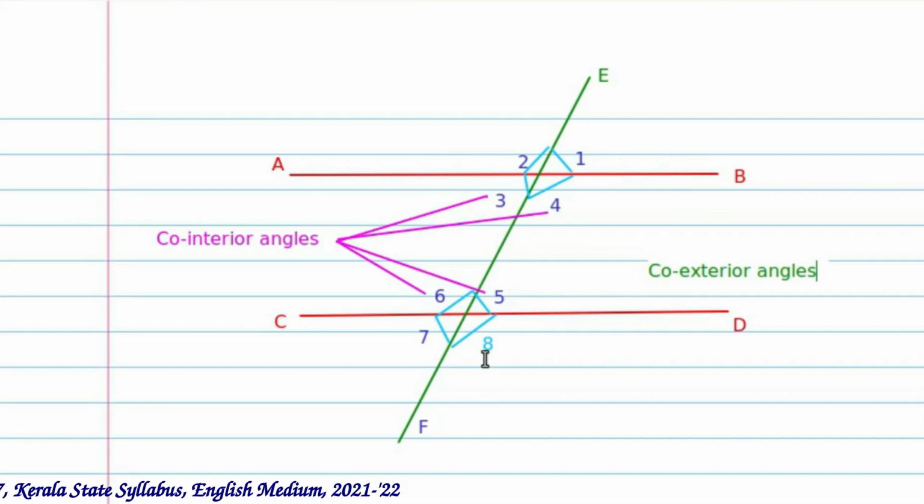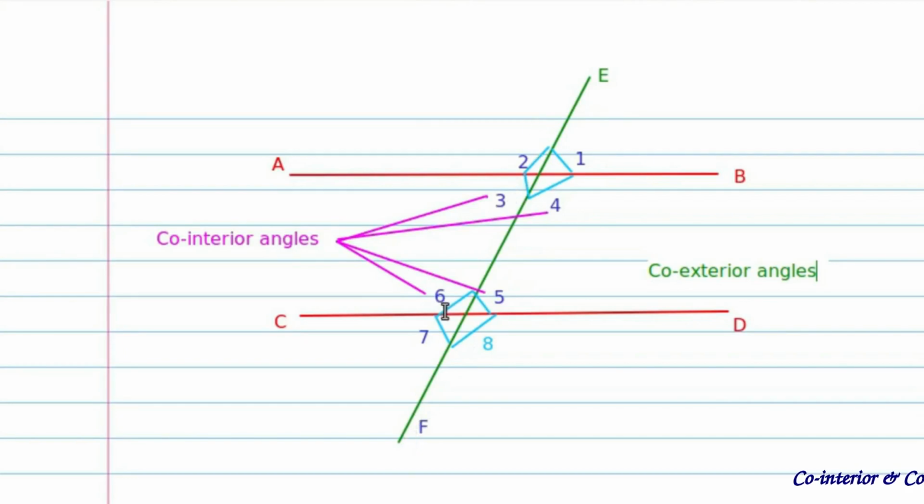Now, another important thing that you should bear in mind is that these angles 1, 4, 5 and 8, all these angles you can see on the right side of this transversal line, the right side of this slanted line. And angles 2, 3, 6 and 7 you can see on the left side of this transversal line.